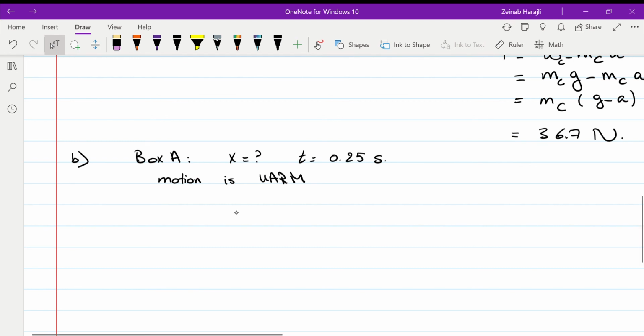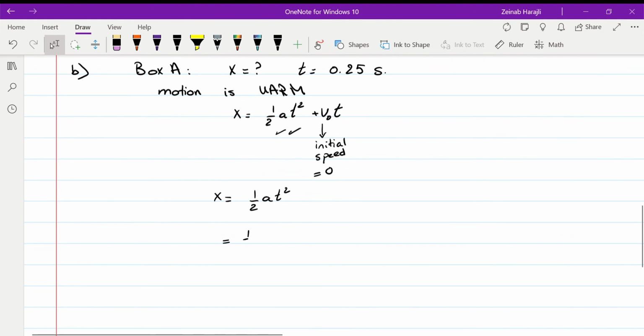This means that we can write an equation for the distance covered: half a t squared plus v0 t, if you remember the equations of uniformly accelerated motion. We found the acceleration, the duration is given, and v0 is the initial speed. This is equal to 0 because we are told that the system is released from rest. So the distance covered is just half a t squared.